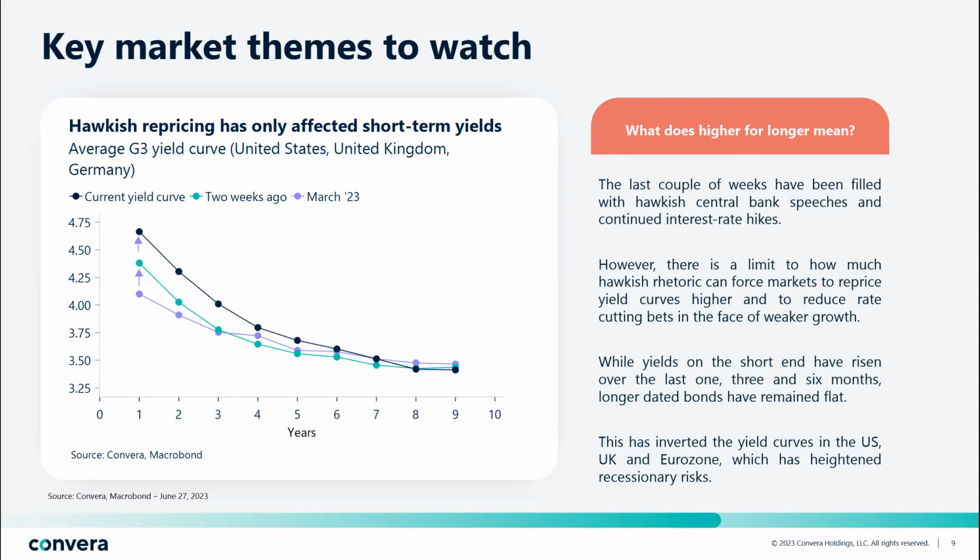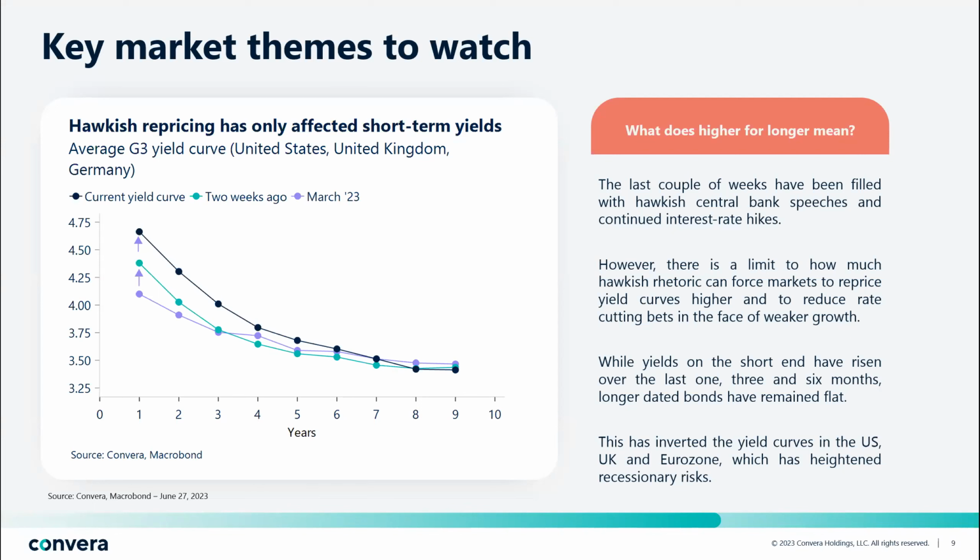And this subtle shift from looking at headline, which is falling, to this stagnant core inflation has really given central banks the ability to remain hawkish and to prop up the interest rates at the front end of the yield curve, even against the backdrop of some of the weaker economic data that we have seen from China or, for example, from Europe. And this is exactly what we can see in this chart here, which on a simple level just shows us the aggregate average yield curve for these three countries, meaning the US, UK, and Germany.